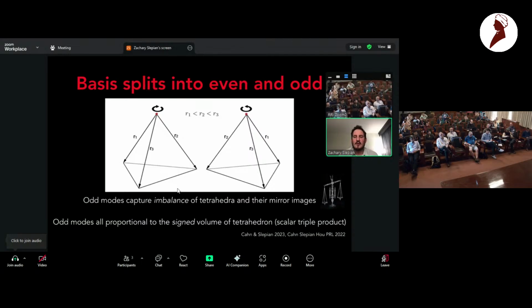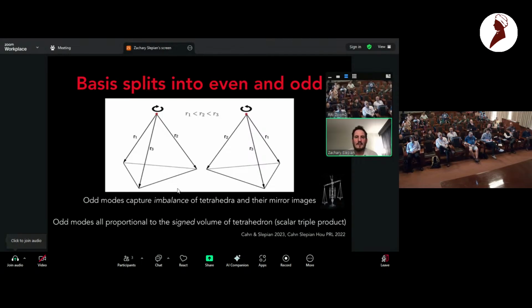So mirroring actually is equivalent to inversion of the volume, and it therefore makes sense that the signed volume is playing an important role in all of these odd parity modes. So I should note this is where things diverge a bit from the CMB bispectrum literature. There is a wonderful paper, I believe, by Tarun and Marc Kamionkowski noting that one can measure the CMB odd parity bispectrum, but generally people have focused on the even parity CMB bispectrum.